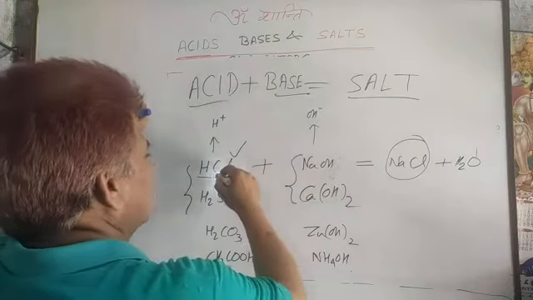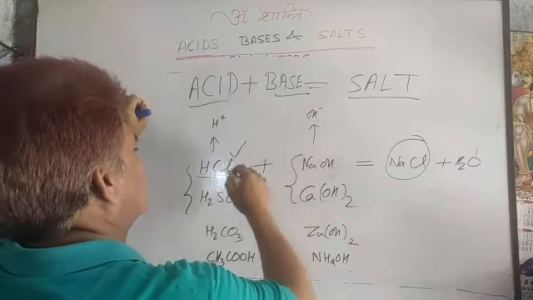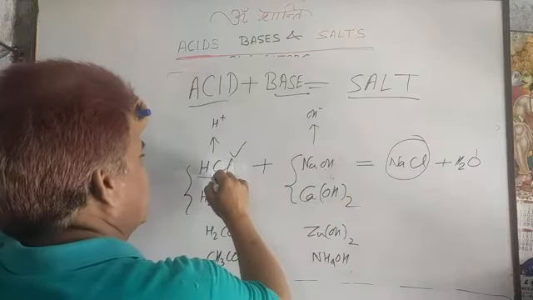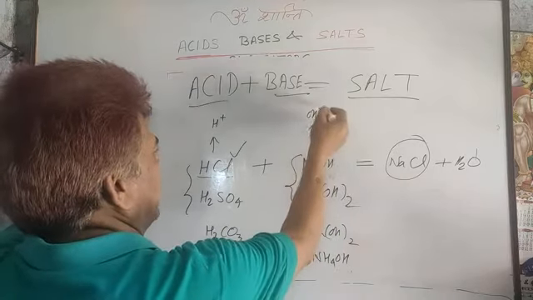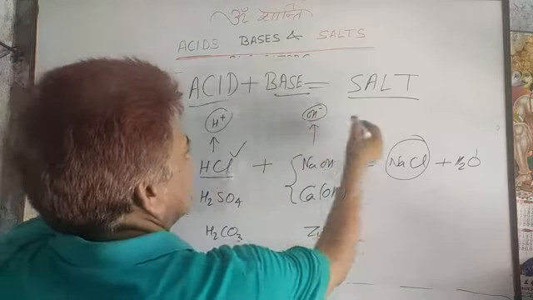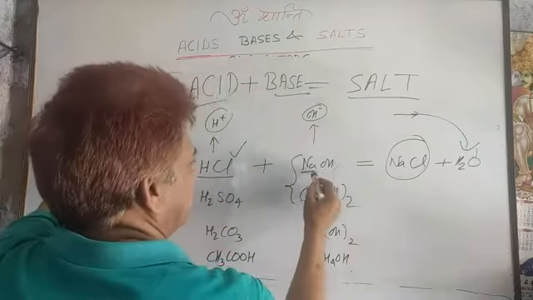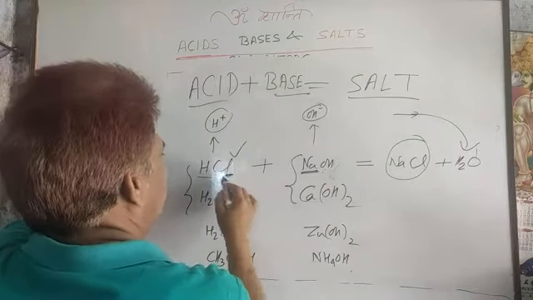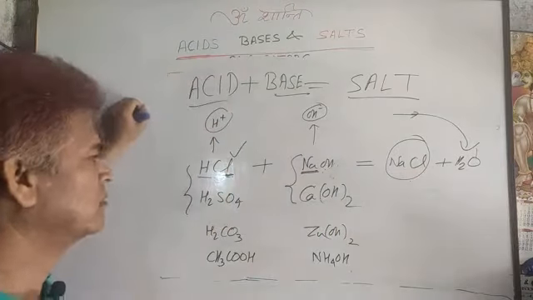So, when HCl and sodium hydroxide are mixed together, what happens? The H plus furnished from the acid and OH minus furnished from the base both combine together and convert into water, and the remaining sodium and chlorine combine together and convert into sodium chloride.